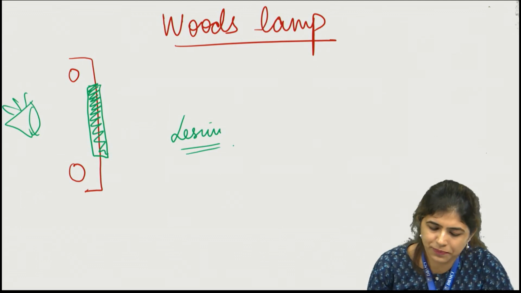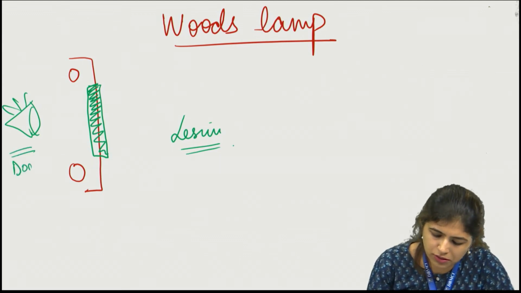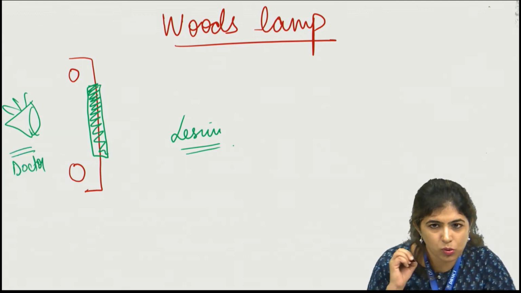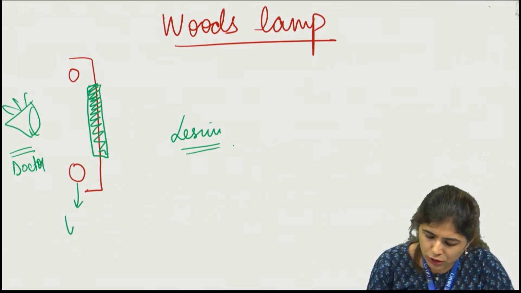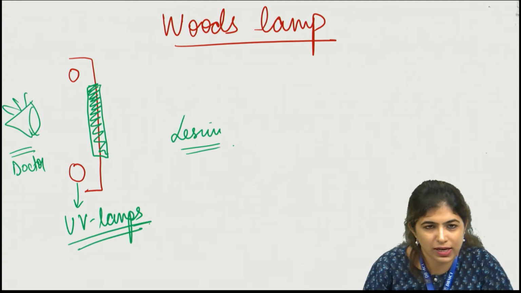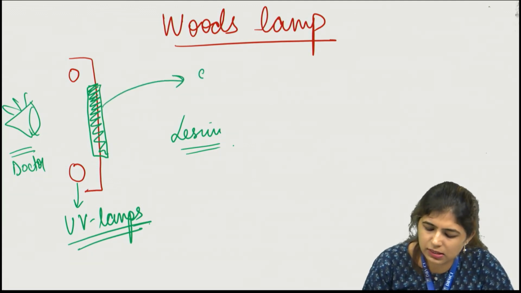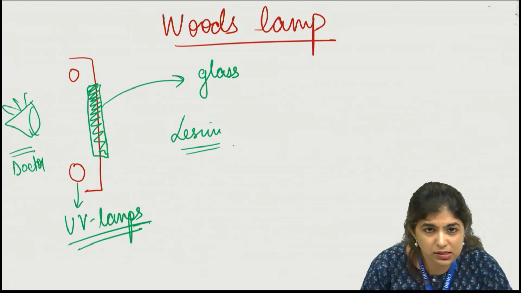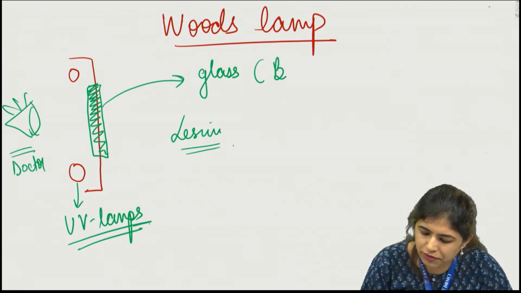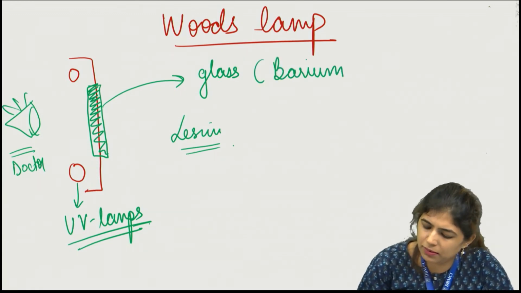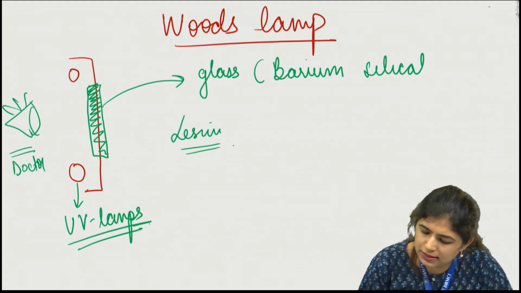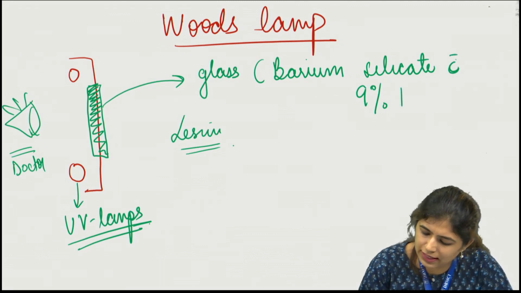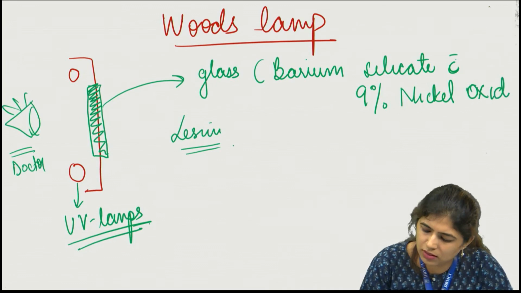Here is the lesion, here is the doctor, and this is your Woods lamp. These are two tube lights which are generating UV light. Then this is a special glass made of barium silicate with 9% nickel oxide.